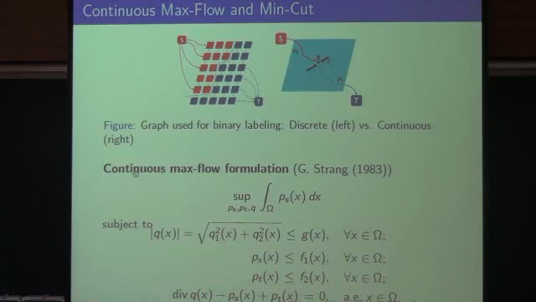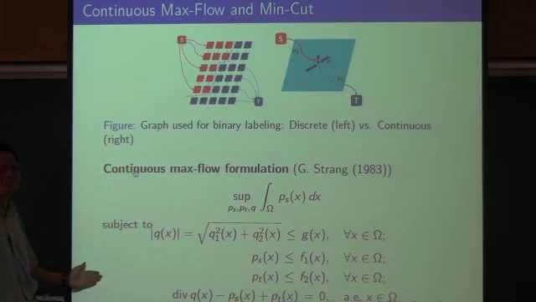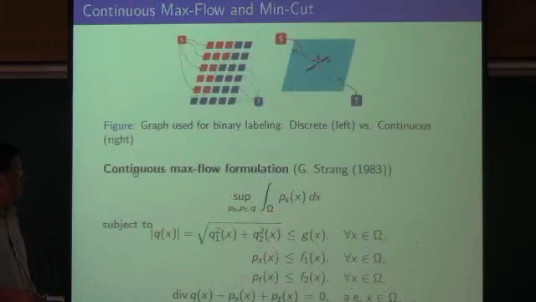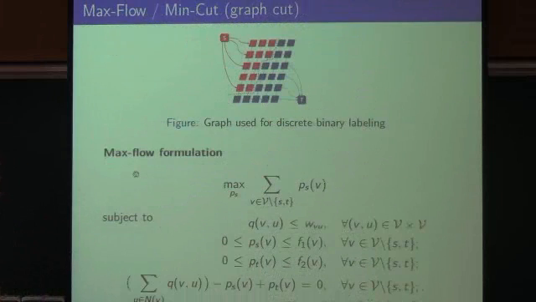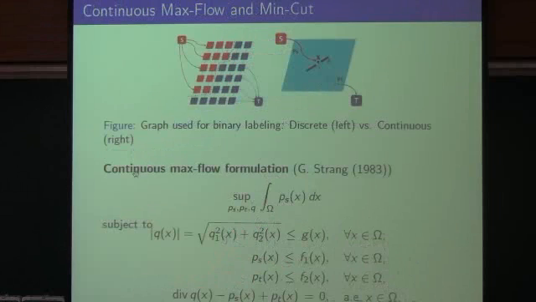For people working with PDE, they normally feel more comfortable with such a formulation rather than the previous one. So we can see that the previous one is a discretization of this continuous max flow.